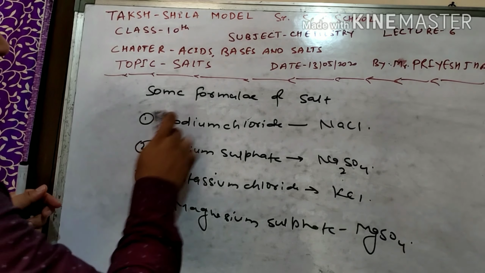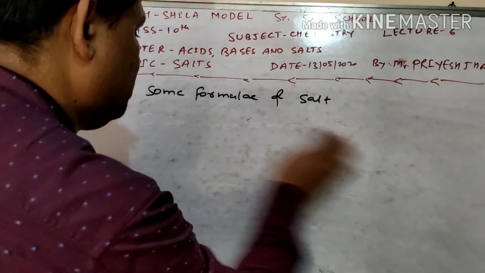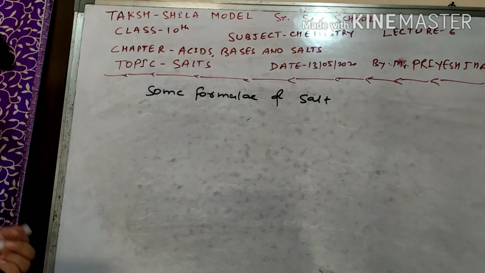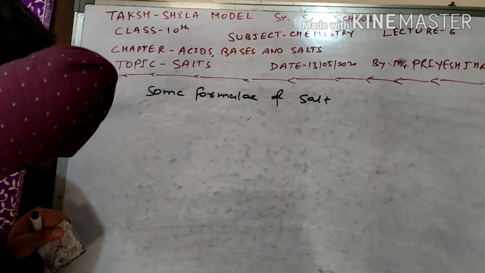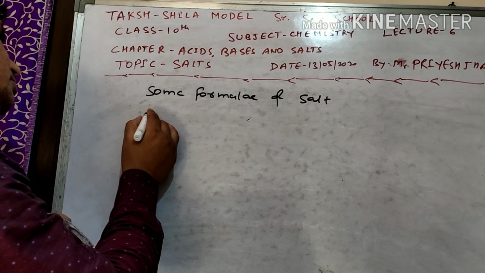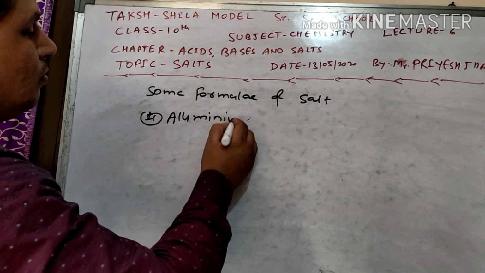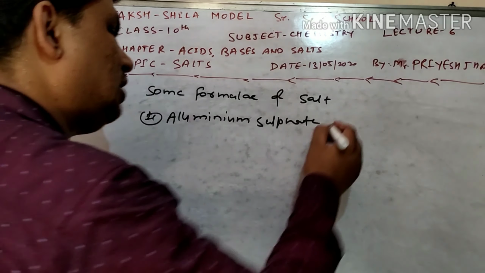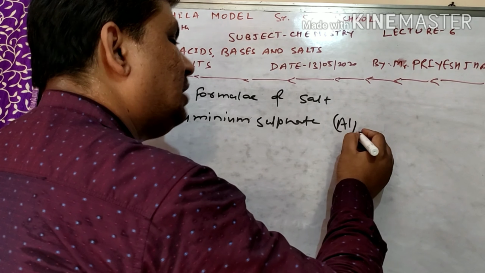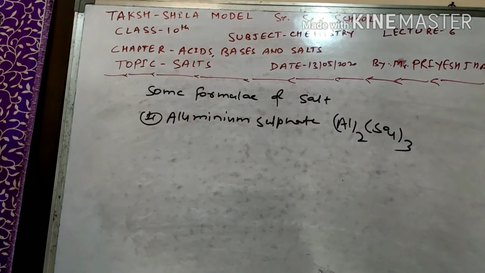Take another example like aluminium sulfate having chemical formula Al2(SO4)3.